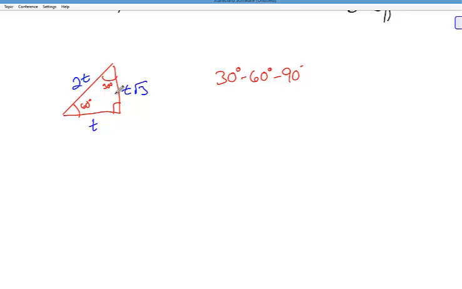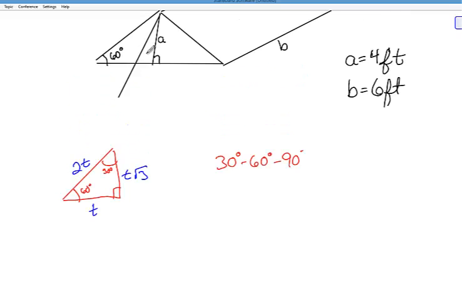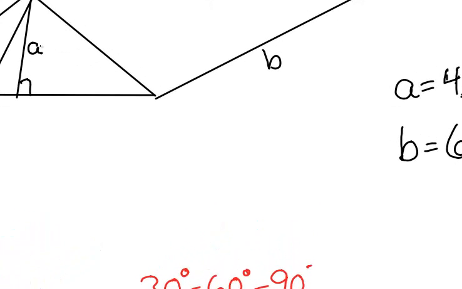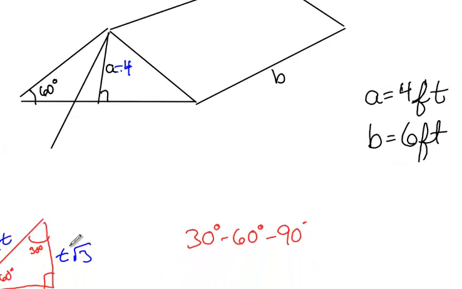So in this one we've got a 30, 60, 90. Now if I go back up here and look, this is a 60 degree angle, and the side opposite of it is my A, which is 4 feet. The side opposite of 60 degrees is t times the square root of 3.